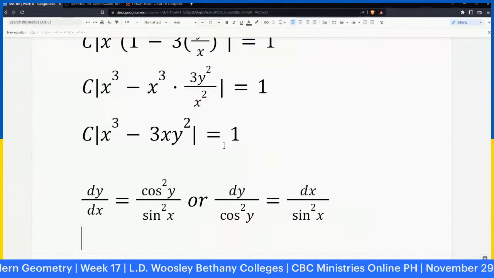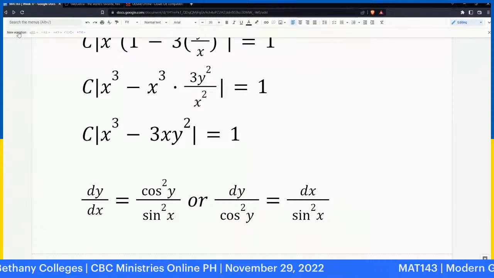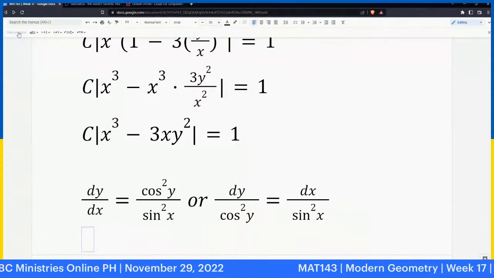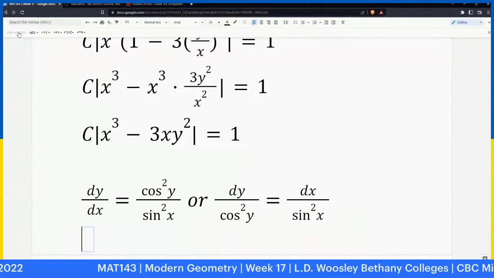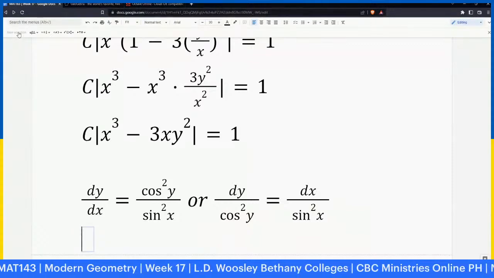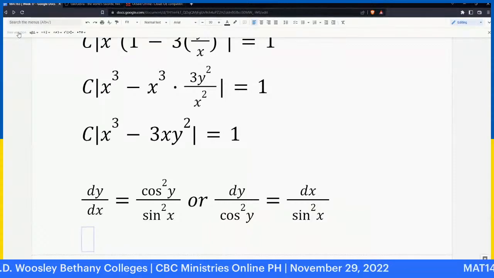Or perhaps, pwede mo munang i-reciprocate. No? Using your trigonometric identities. So what is 1 over cosine? What's that? What's 1 over cosine squared?